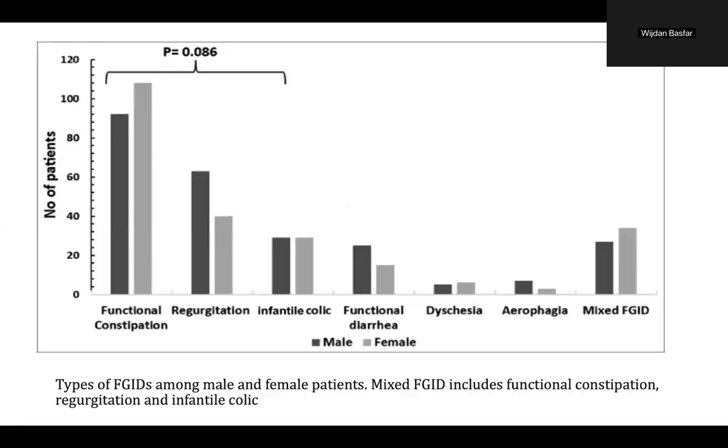This figure is from that study, and it shows that functional constipation is the most common functional GI disorder, followed by regurgitation in the infant and toddler age group. It also shows that females are more affected than males, although in this particular study, it wasn't a statistically significant difference.